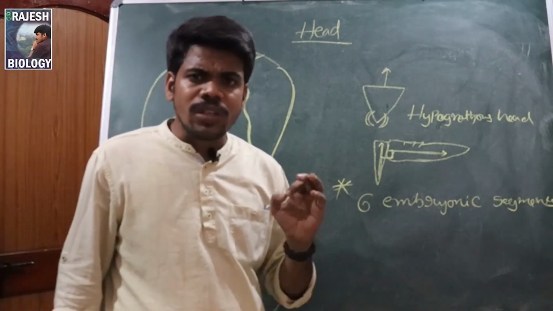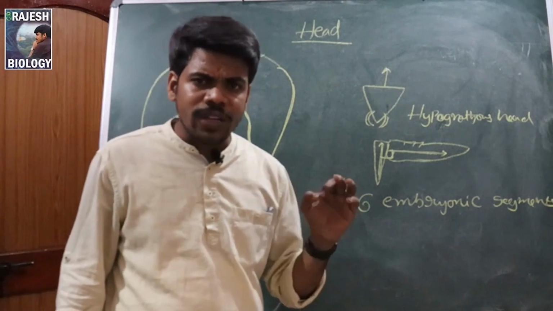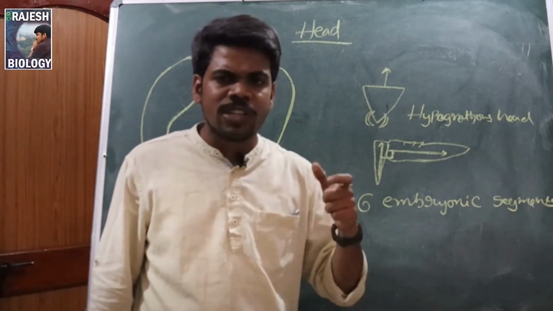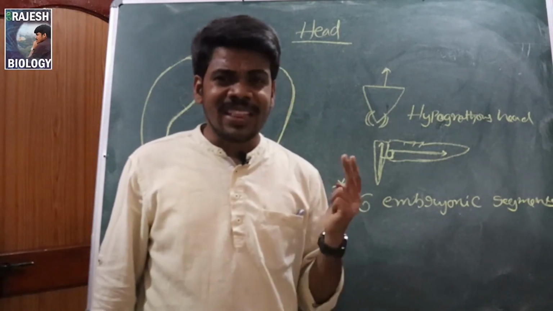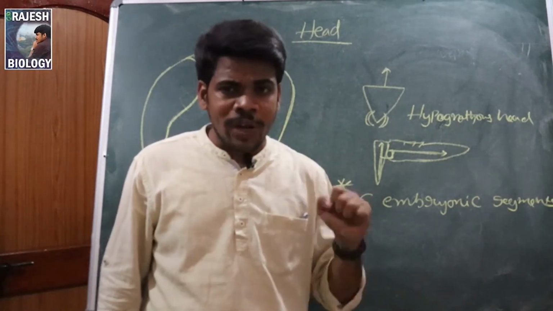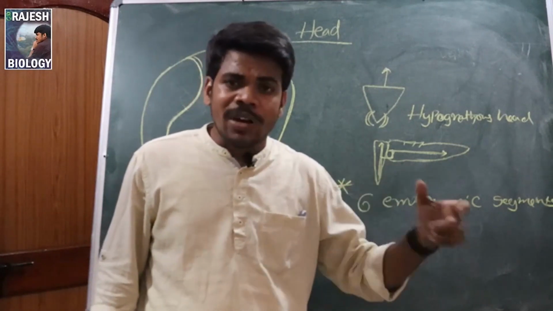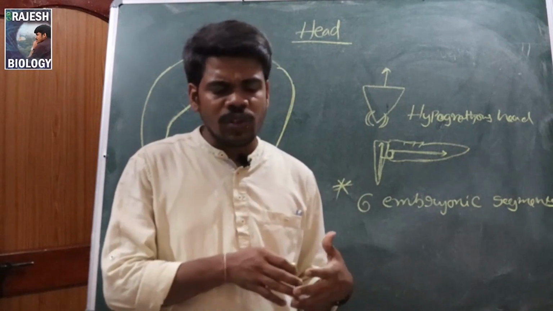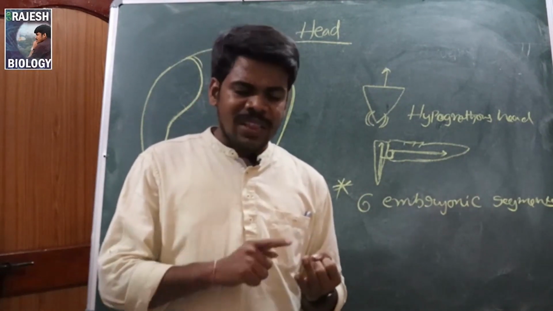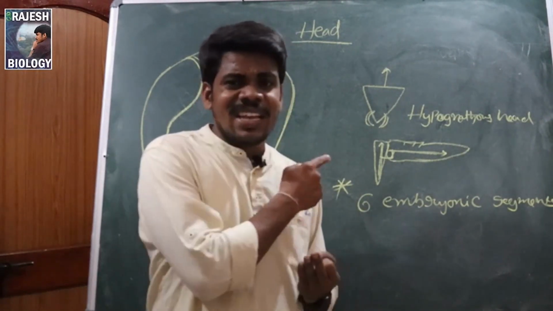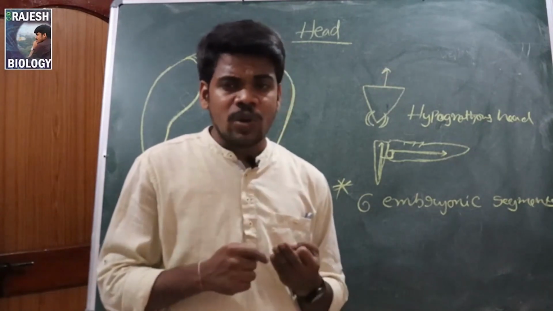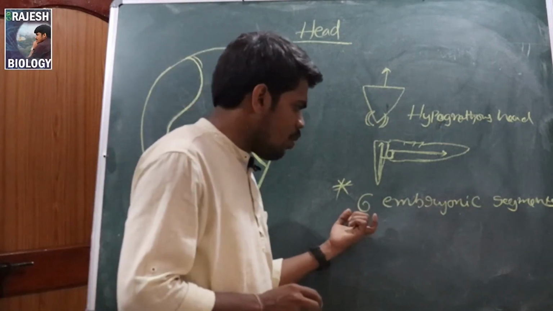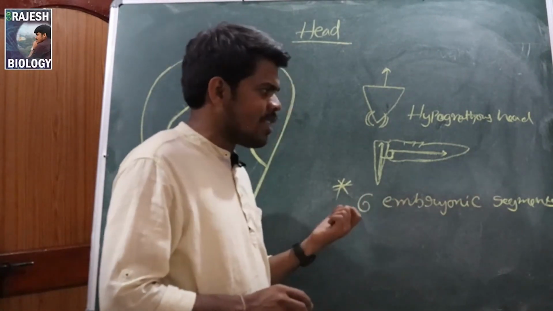The head of the cockroach is formed by the fusion of how many segments? 6 embryonic segments together form the head. 3 segments together form the thorax, and there are 10 abdominal segments. So how many segments are there in the cockroach in total? 10 abdominal segments, 3 thoracic segments and 6 cephalic segments, together 19 segments are present, and the head is formed by the fusion of 6 embryonic segments.